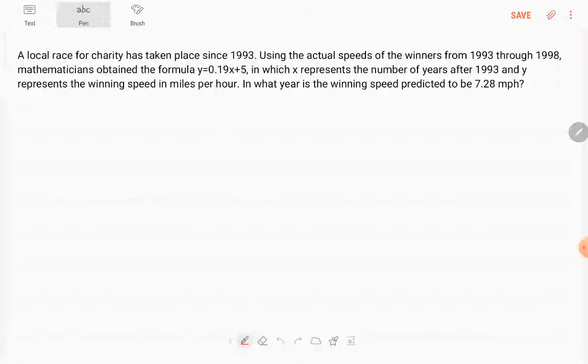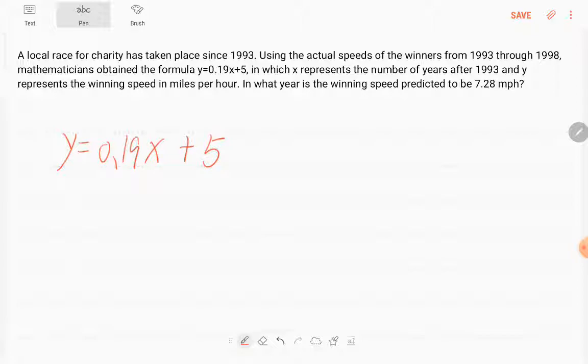Using the actual speed of the winners from 1993 to 1998, mathematicians obtained the formula y equals 0.19x plus 5 to represent the relation between the number of years after 1993 and the winning speed in miles per hour.